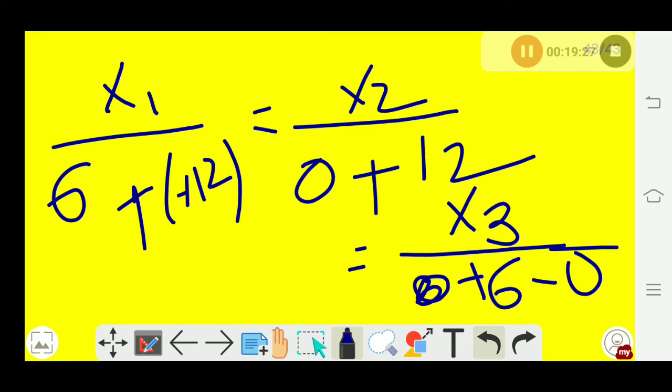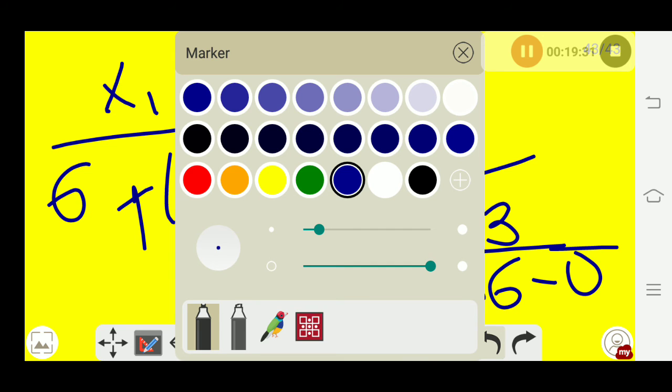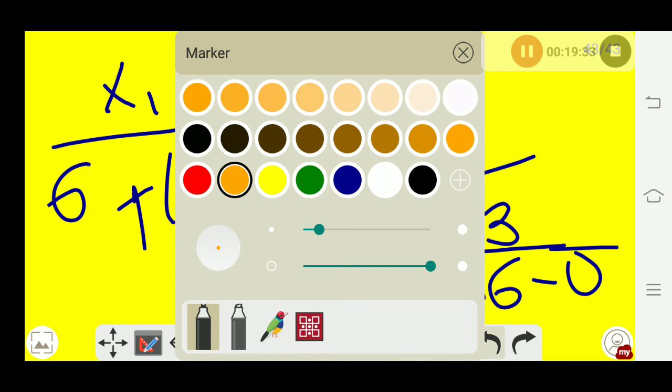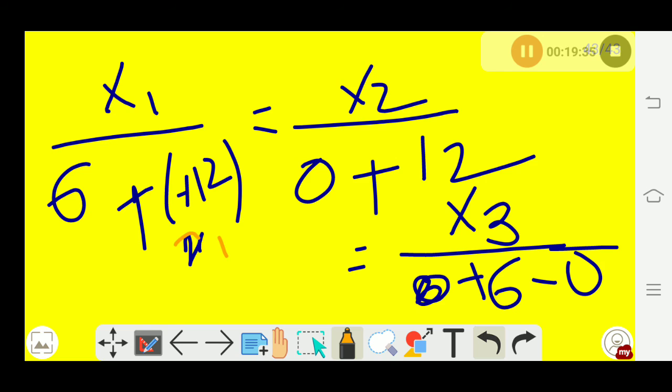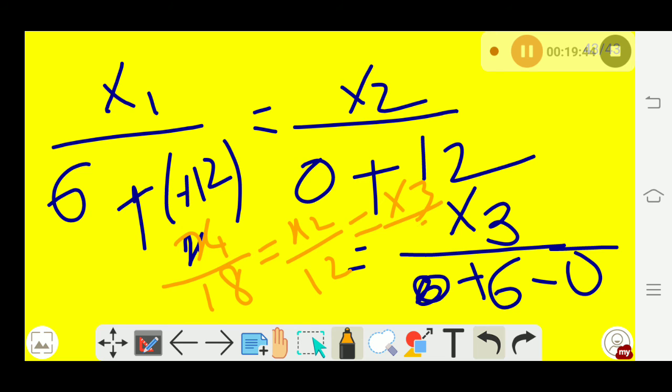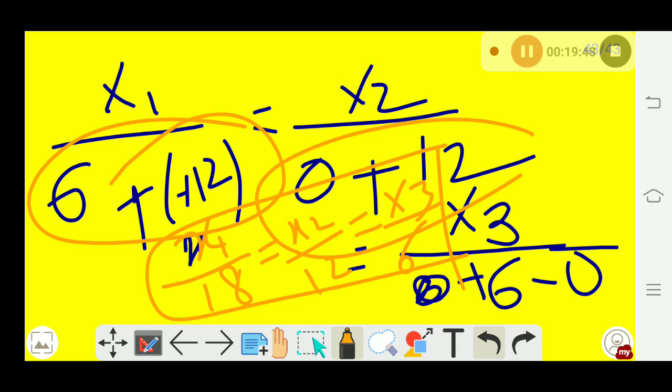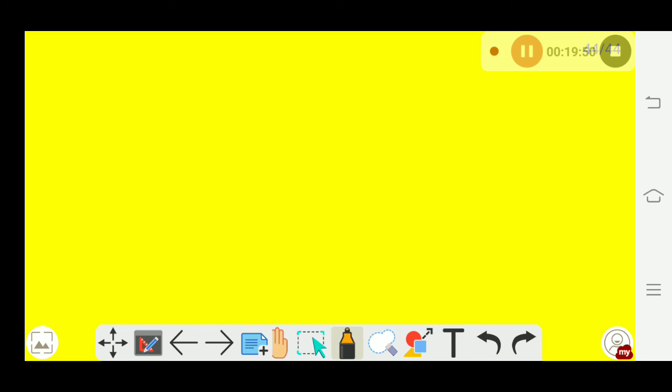So what we are getting, we change the ink, x1 divided by 18 equals x2 divided by 12 equals x3 divided by 6, right? See, 18, 12, 6.